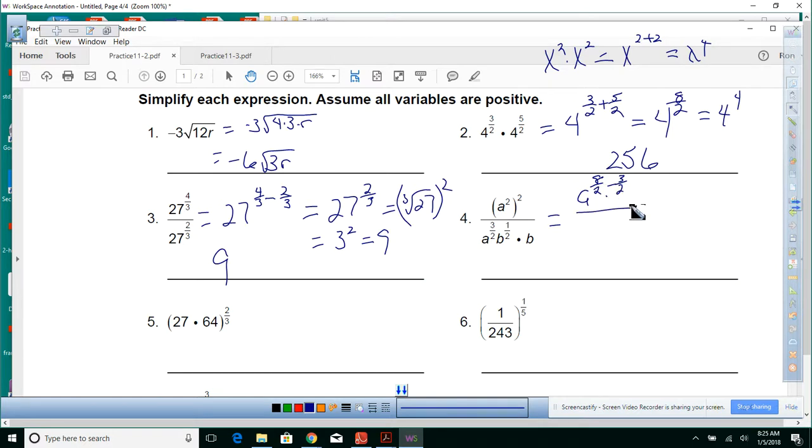And then down here on the bottom, b, that would be like 2 halves, right? So that's going to give us b to the 3 halves. So we're going to have a to the 5 halves over b to the 3 halves.